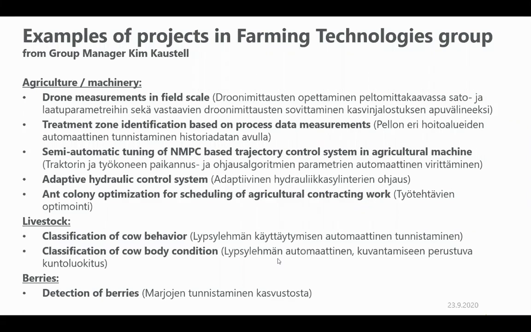When we do the monitoring of Finnish forests and try to estimate the amount of tree volume growing in the forests, we might, for example, take images and use the images to make predictions. Those are just a few examples.